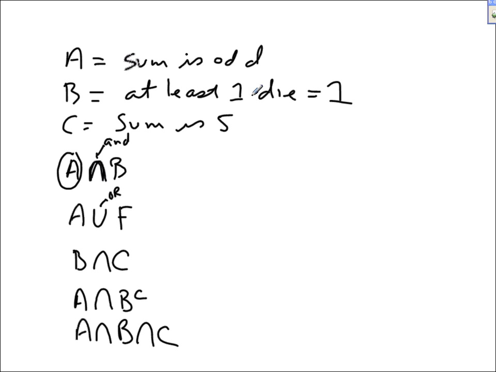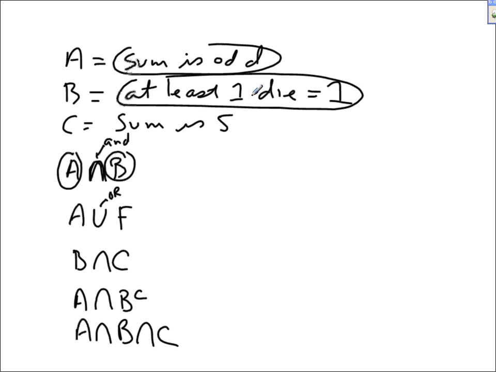So, instead of A, I'm going to say this. Instead of B, I'm going to say that. And instead of intersection, I'll say and. So the sum is odd, and at least one die is 1. So what it could be is 1 and 2, 1 and 4, if I have to get an odd, 1 and 6.